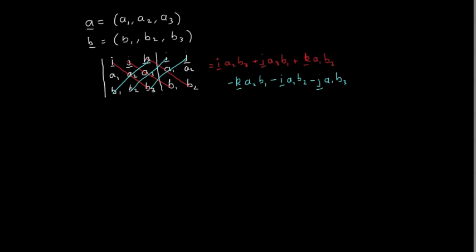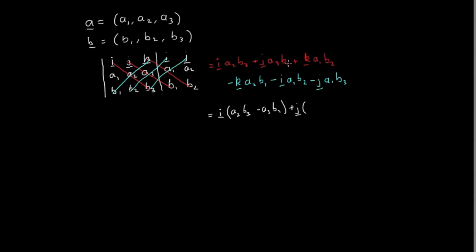Now I'm going to simplify that somewhat and collect like terms. What have I got in terms of i? I've got A2 times B3, and from that we subtract A3 times B2. That's the i's done. Now move on to the j.